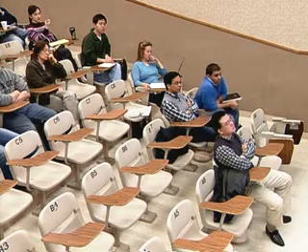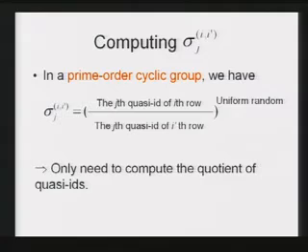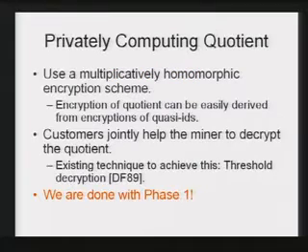So now we have further reduced the problem to computing the quotient of two entries. Okay, so how can we compute the quotient? This is pretty simple. We use a multiplicative homomorphic encryption scheme.